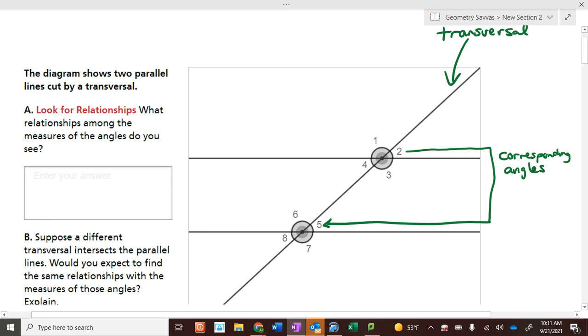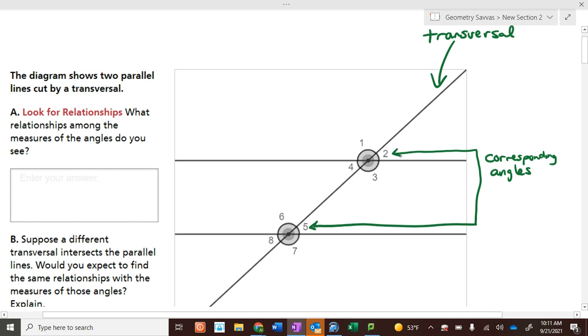They're called corresponding angles because they're in the same corresponding position. From this intersection point, 2 is to the upper right, and 5 is to the upper right.